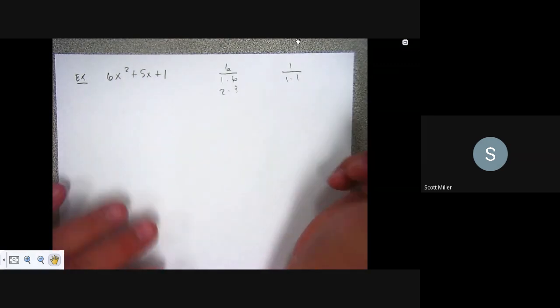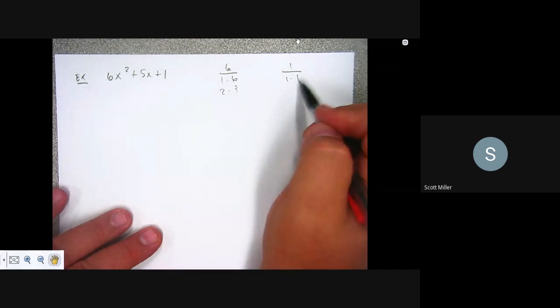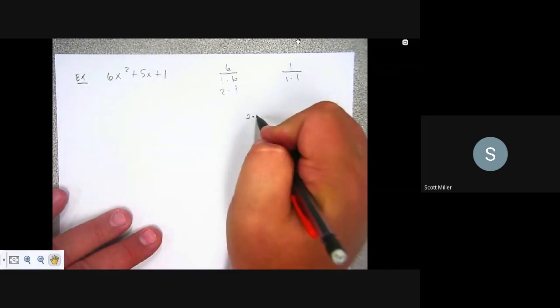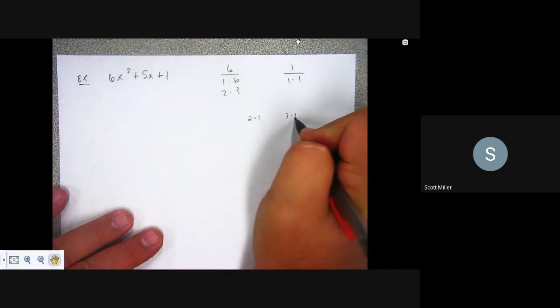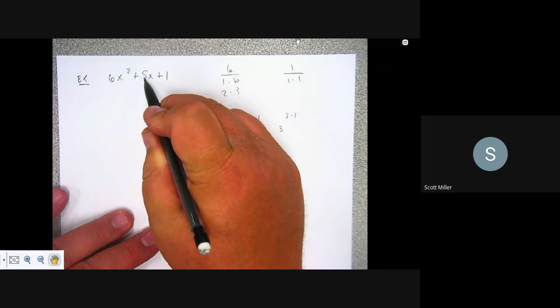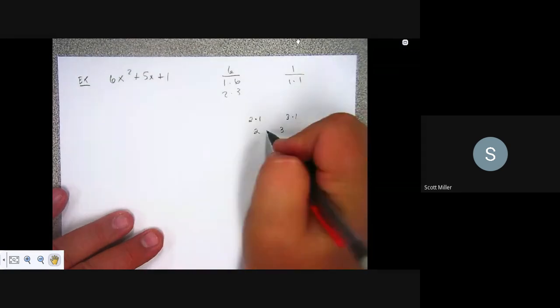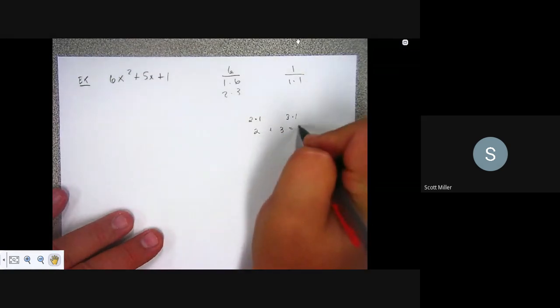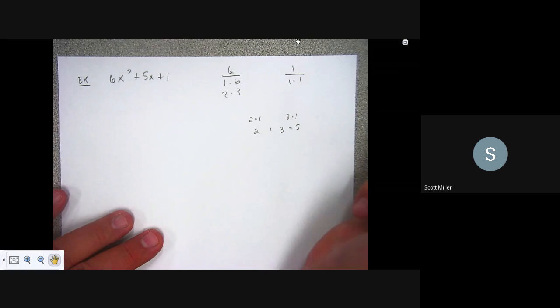I don't have much choice. I'm going to start at the bottom and work to these over here. I got a 2 times a 1, a 3 times a 1. That's a 2. That's a 3. I need to add to get a positive 5. That means they're both positive, and I have it already.